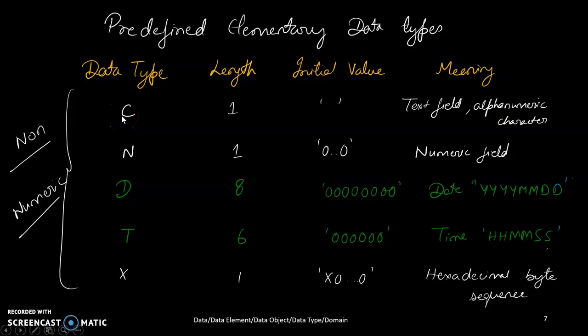If C is the data type, it will occupy 1 space as the initial value when nothing is assigned to it. N is a numeric character; its initial value is 0s. X stands for hexadecimal byte sequence.